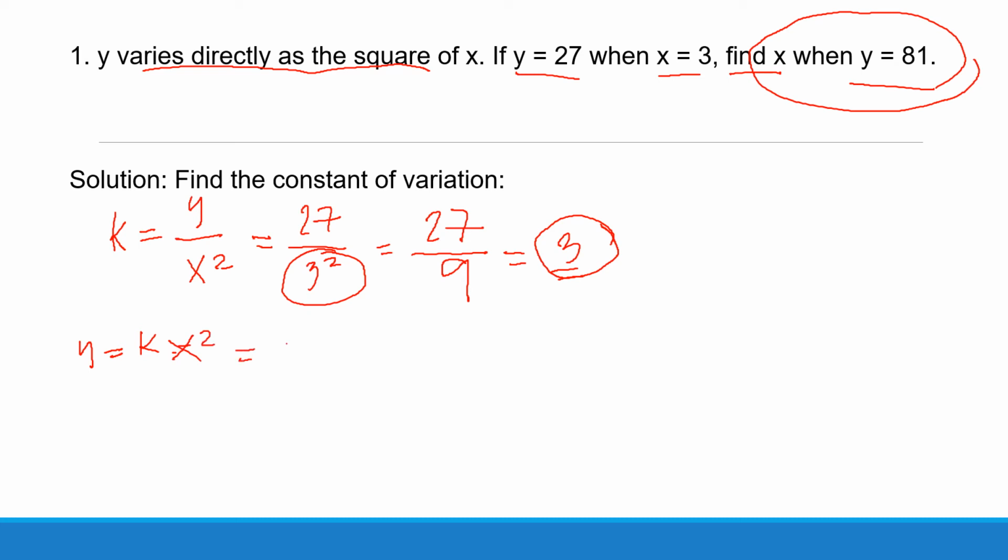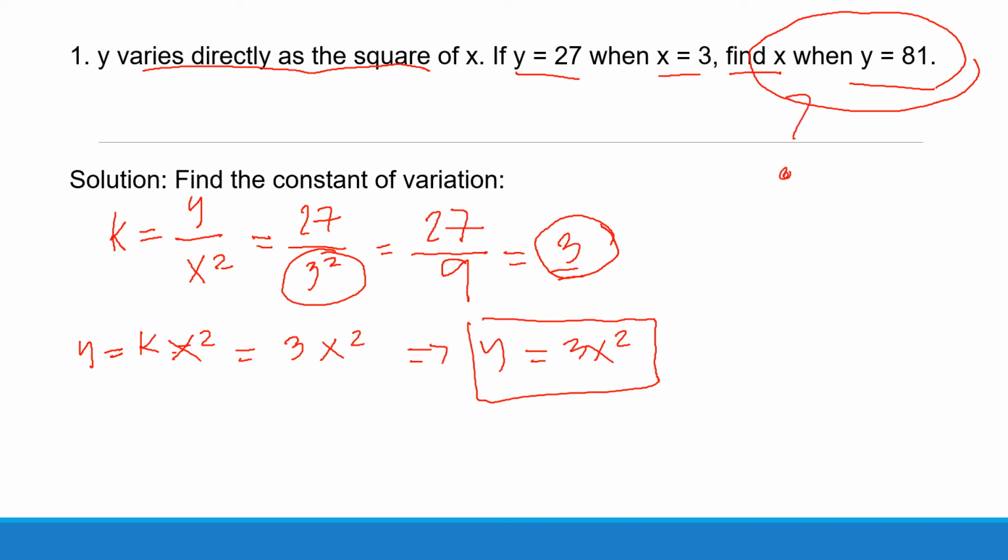Our k here is 3, so we just substitute: we have 3x squared. This implies that y is equal to 3x squared. That formula will help us solve this problem.